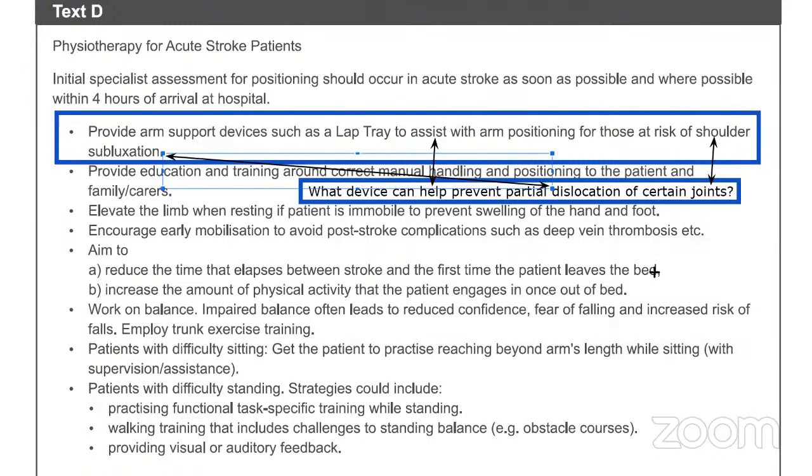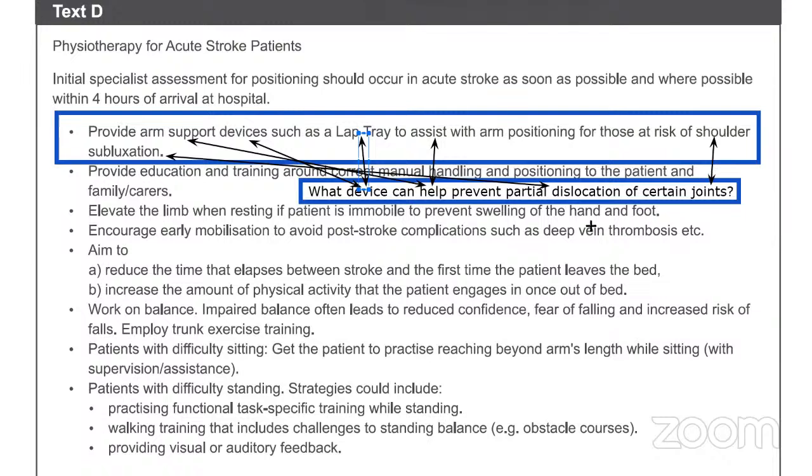Subluxation, so something related to dislocation. So device, help, support, arm, provide arm support devices such as lap tray. What device? Lap tray. Here is the answer. You can check it out there.